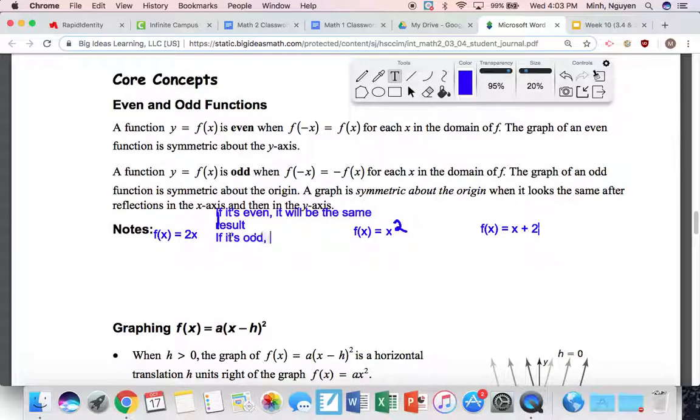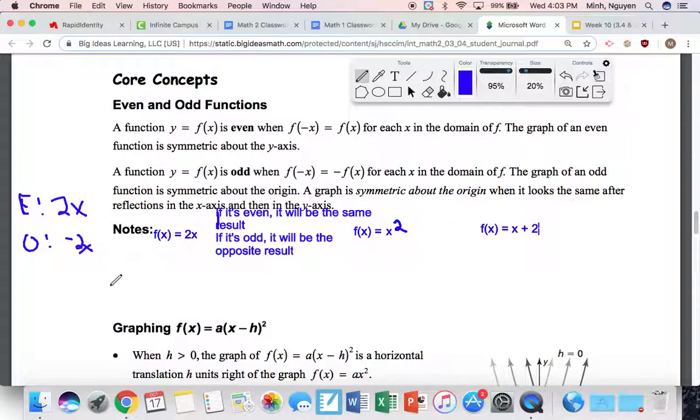If it's odd, it will be the opposite result. And what do I mean by that? So if it's even, the same thing would be 2x. But if it's odd, the opposite would be negative 2x.